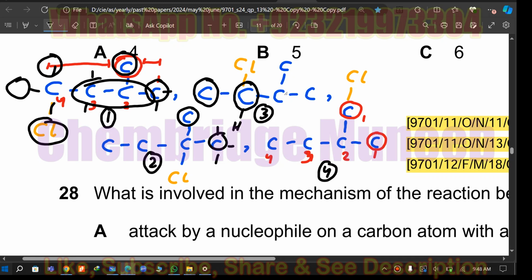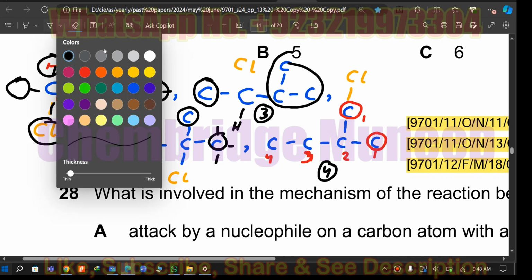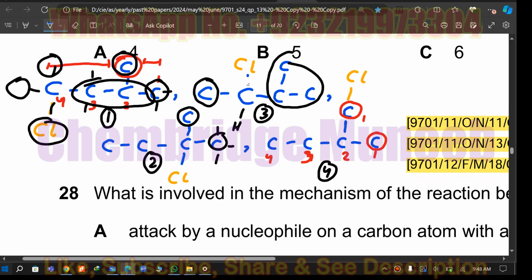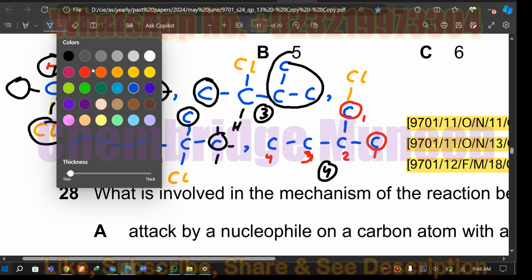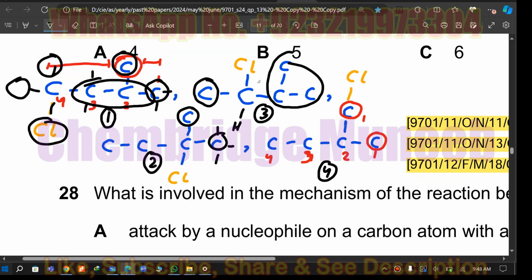One of them is hydrogen and this is another whole group. So yes, we can say that this carbon is a chiral center, whereas none of the other carbons contain chiral centers.